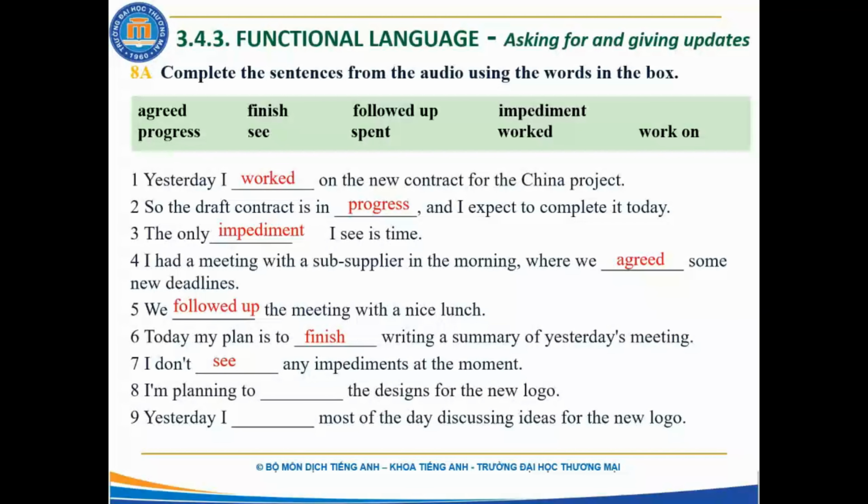I don't see any impediment at the moment. Alright, and for number 8, what is your answer? I'm planning to work on the designs for the new logo. And the last one, number 9, yesterday I spent most of the day discussing ideas for the new logo.